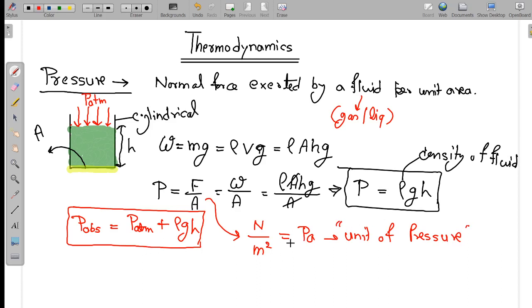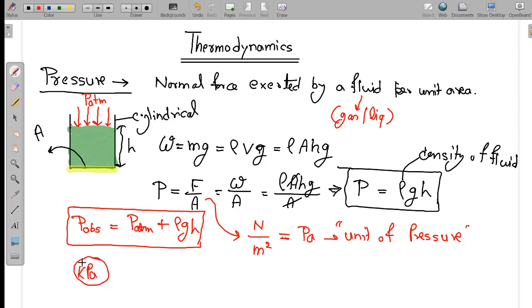Since the Pascal is a very small unit, and the pressures we use in practical problems are very high when denoted in Pascal, we mostly use kilopascal.